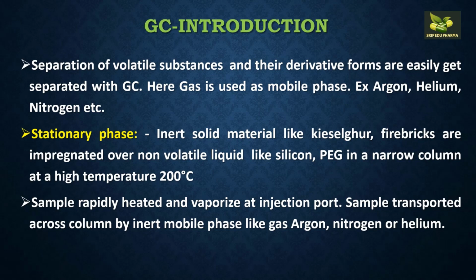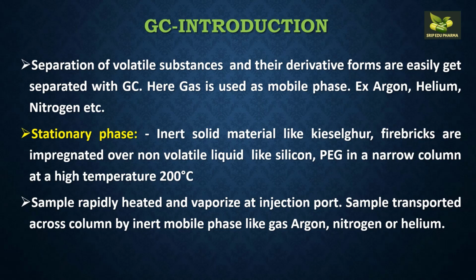Many times it is observed that volatile oil-containing substances and their derivative forms are easily separated by GC, gas chromatography. Here gas is used as the mobile phase, with examples like argon, helium, nitrogen. Oxygen is rarely used.